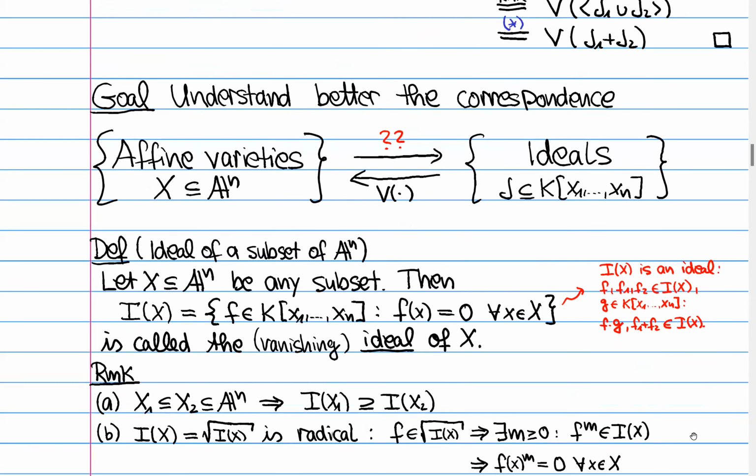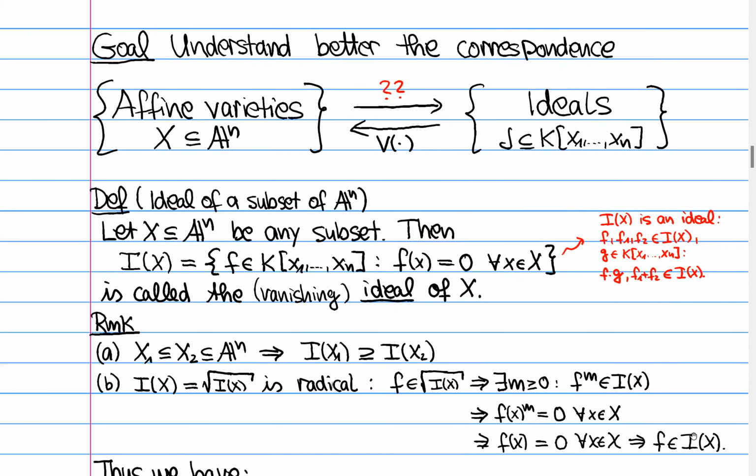And there are some very basic properties that are really easy to check and similar to the properties that we saw for the vanishing function, namely, if you have X1 subset X2 in A^n, then the ideal of functions vanishing on X1 is possibly bigger and at least contains the ideal of functions vanishing on X2.